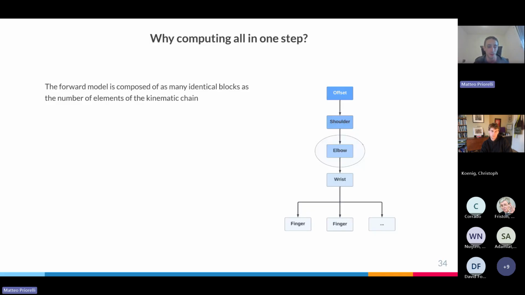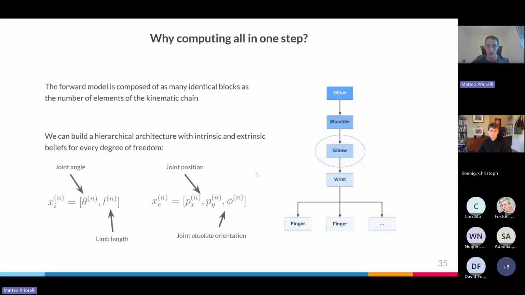If we now want to achieve a more advanced control over the whole kinematic chain, as I was saying before, we need a deep hierarchical model. So we know that the forward kinematic model is composed of as many identical blocks as the number of the elements of the kinematic chain. So we now consider a deep hierarchical model with intrinsic and extrinsic beliefs for every degree of freedom of the kinematic chain.